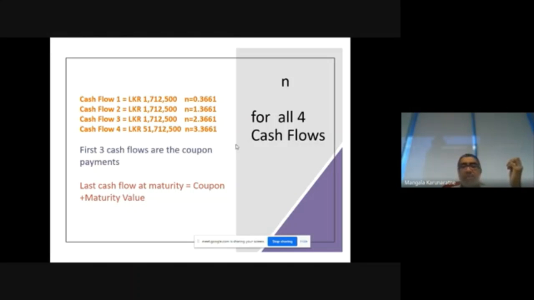So out of 12, 8 have already gone. That is past. So we are worried about the future cash flows. We have 4 cash flows, and we know these are the coupon payments.